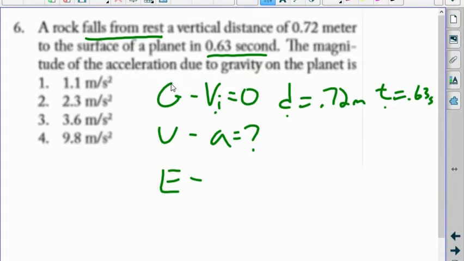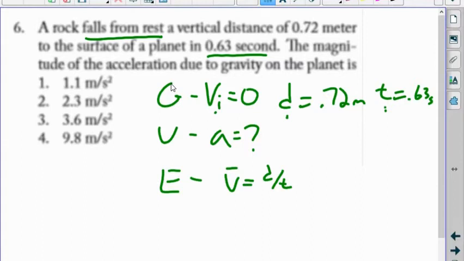If we see that we have distance and time, we can see from our formula sheet that velocity is equal to distance divided by time. One thing to be careful about, though, is that this is the average velocity when we do that. And so it will not be our final velocity, but our average velocity.